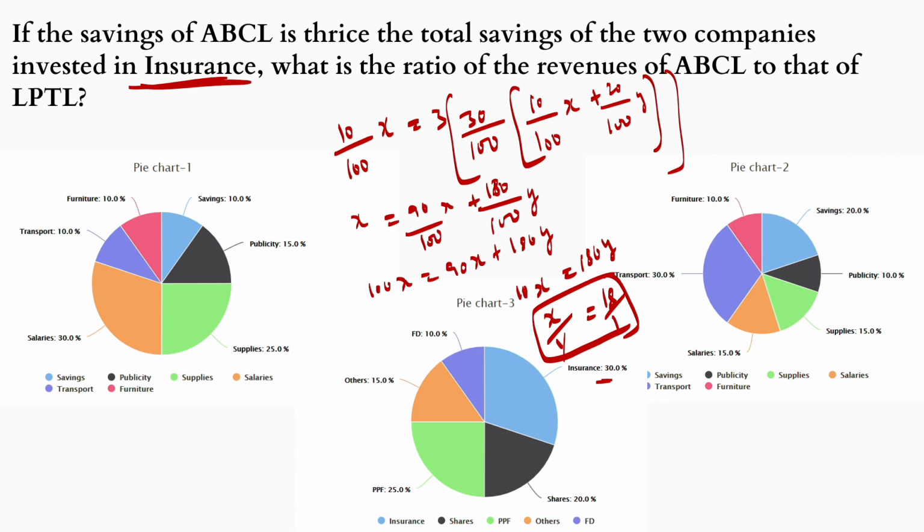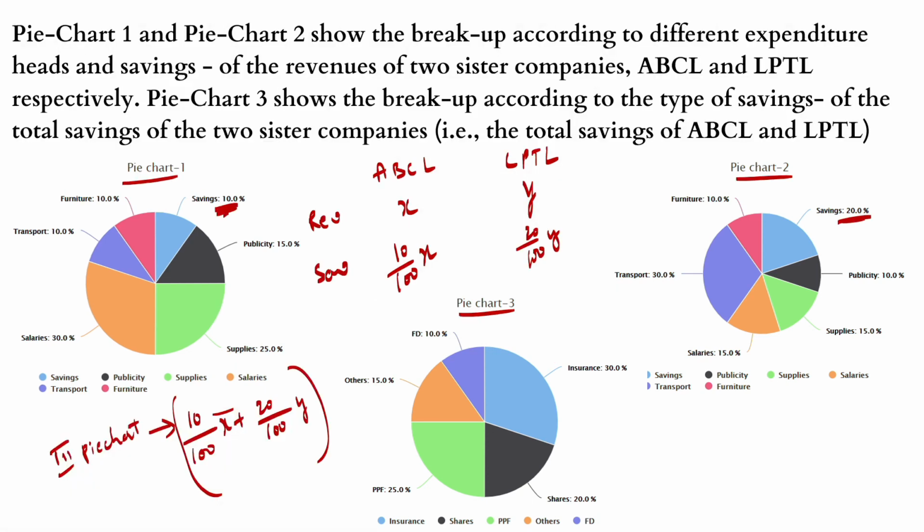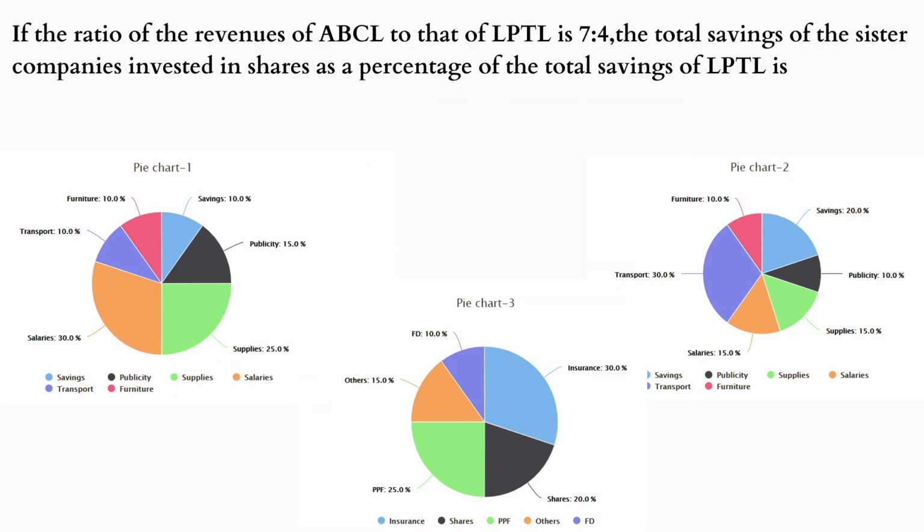So the answer is 18:1. We have done nothing here, we have just taken the statement. The savings of ABCL is thrice the total savings of the two companies in insurance. So we have taken the insurance part here. Where is that? 30%. So 30% of the total savings we have calculated here, right? So let's move on to the next one.